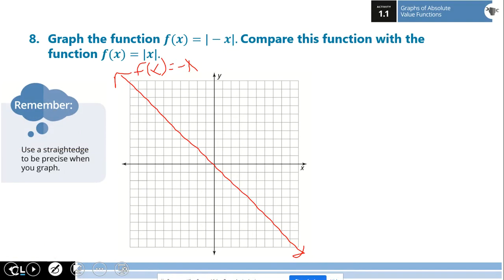I'll do it in blue. And then this is the absolute value of -x. So now on this graph, they actually are sharing this quadrant as being the exact same.